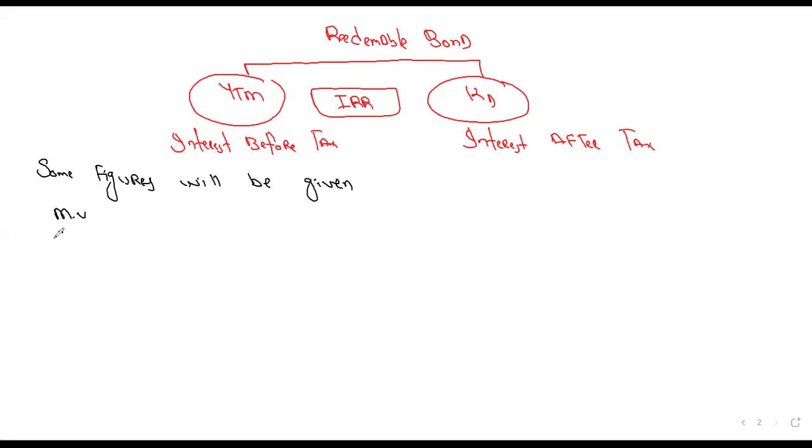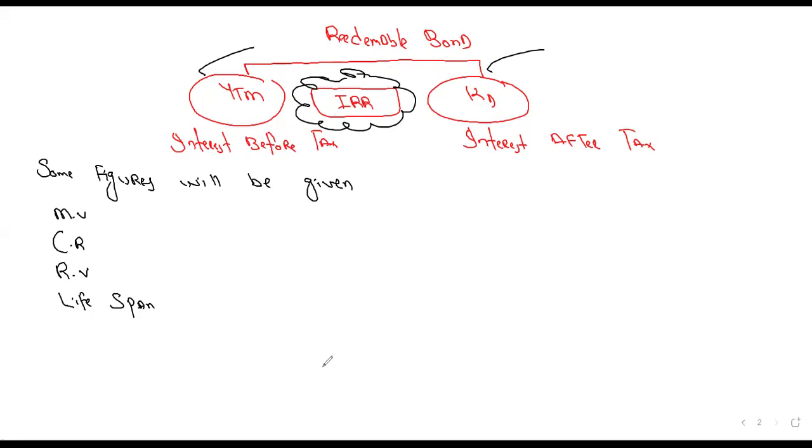Examiner will provide you the coupon rate of the bond. Examiner will provide you the redemption value of the bond. Examiner will provide you the lifespan of the bond. If these things have been given, you will just use your spreadsheets and you can compute the YTM or the KD by applying the IRR method.